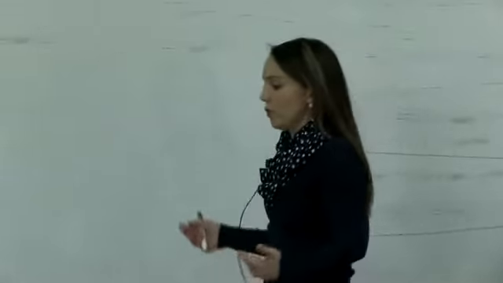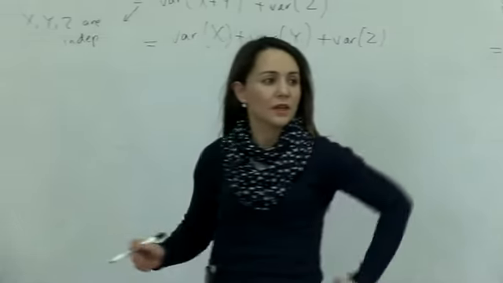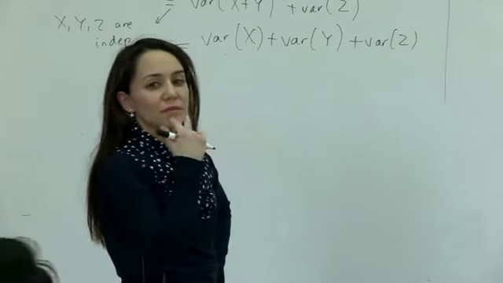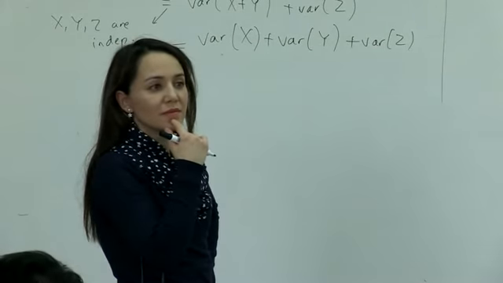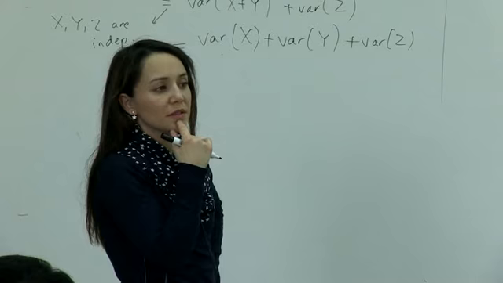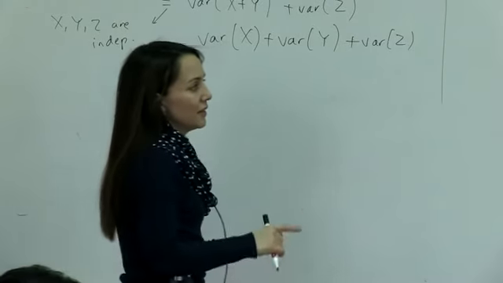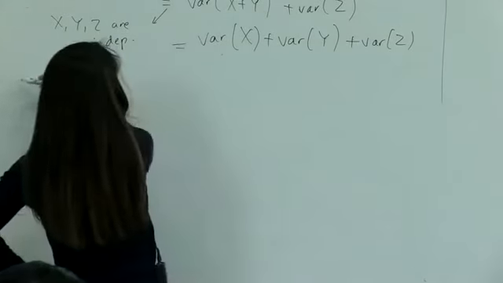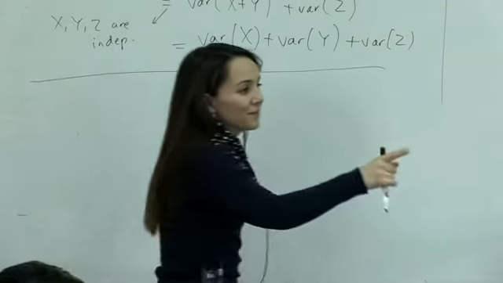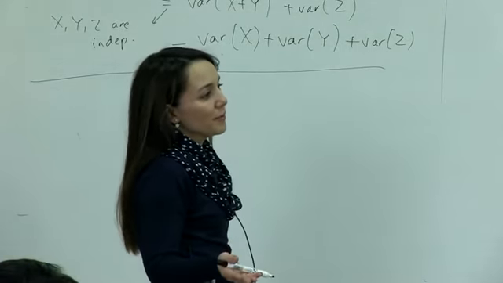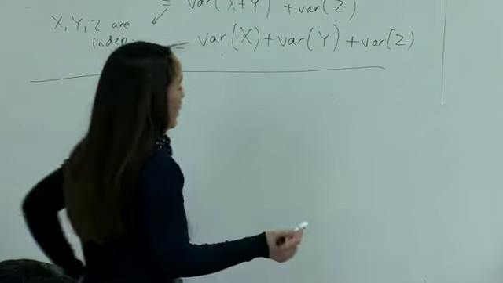Okay, how do you formulate this problem? Is there a question from an earlier part? No? Okay. So, how do we formulate this problem? Right. So this is a binomial, right? N times p.